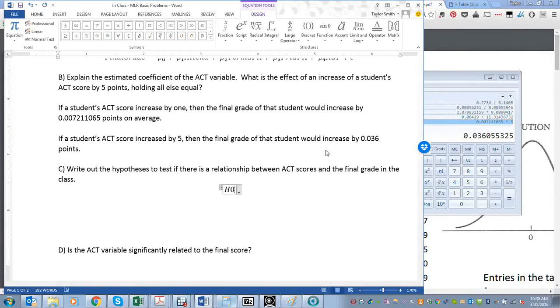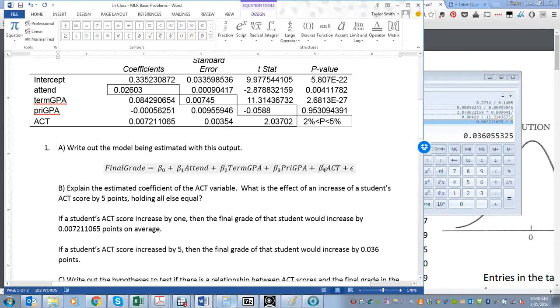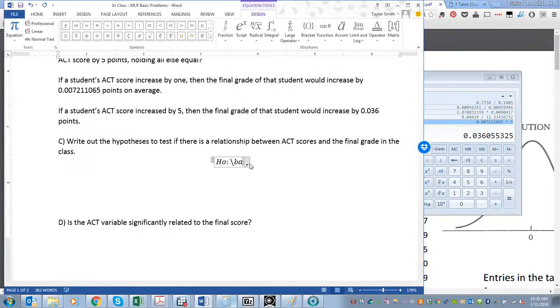So H0, because this is ACT, that's the 4th beta, so we're really testing a hypothesis about beta 4 here. So H0 is that beta 4 is equal to 0, and HA is going to be that beta 4 is not equal to 0.